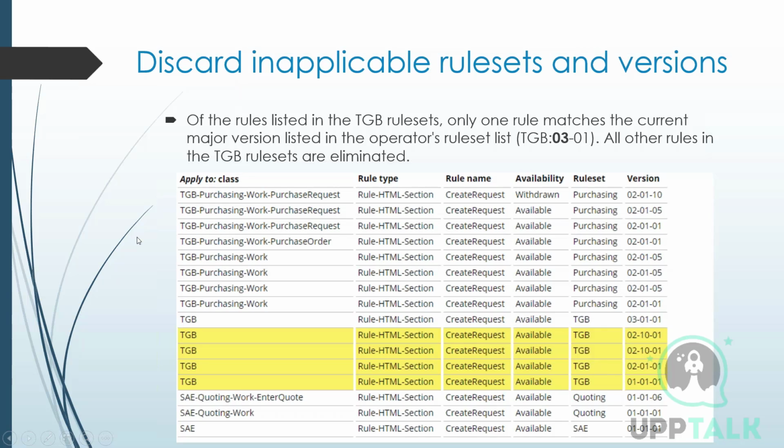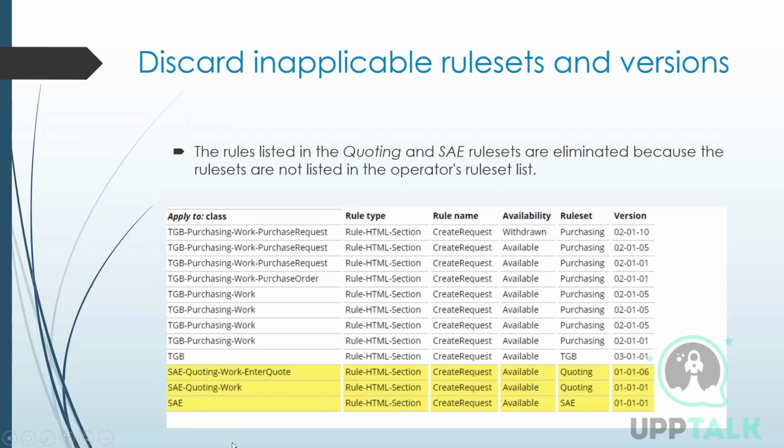So these TGB related ones are also discarded. And then finally, I have quoting and SCP. I don't need to check the major and minor versions. Directly, they're not available on the list, so discard. Now, after this step, I will probably end up with 4, 5, 6, 7, 8, probably 9 rule candidates I am left with, after discarding inapplicable rule sets and versions.